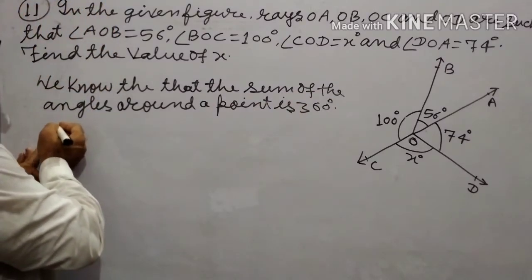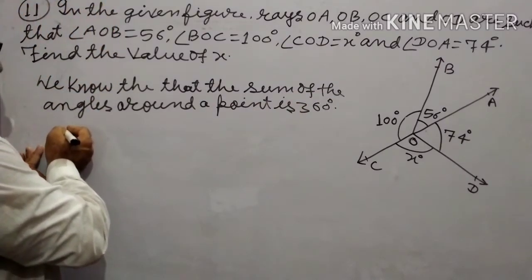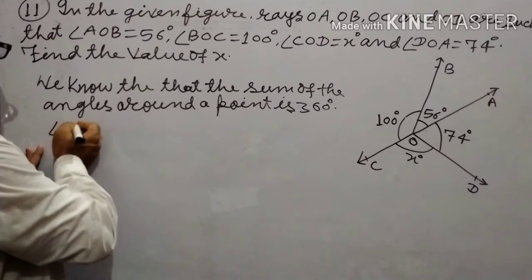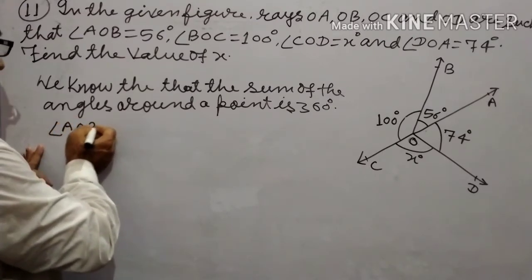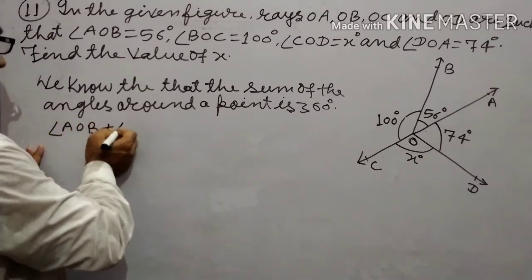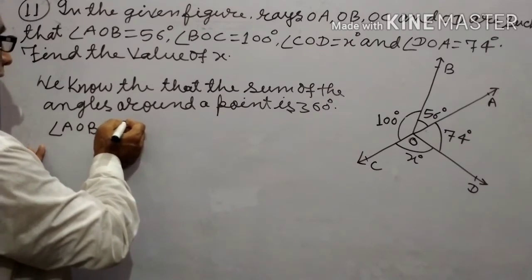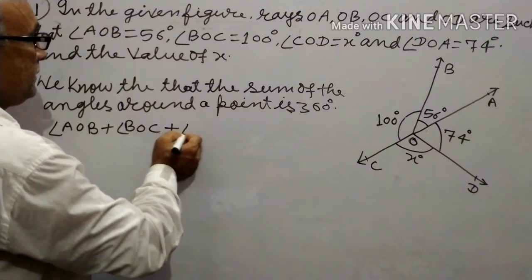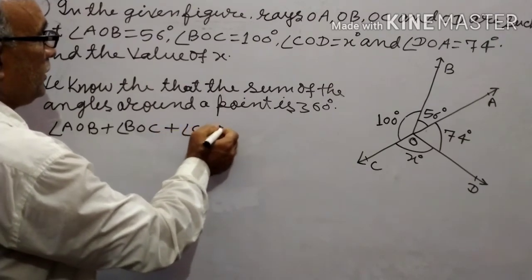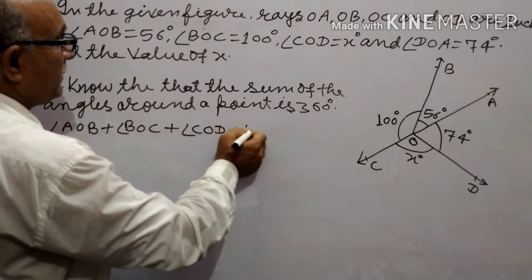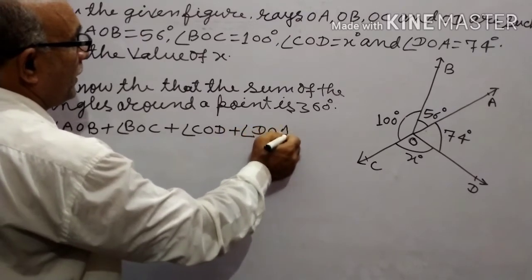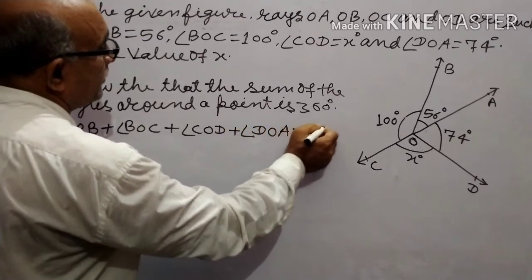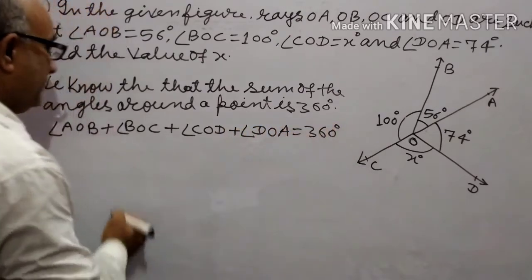So angle AOB plus angle BOC plus angle COD plus angle DOA equal to 360 degree.